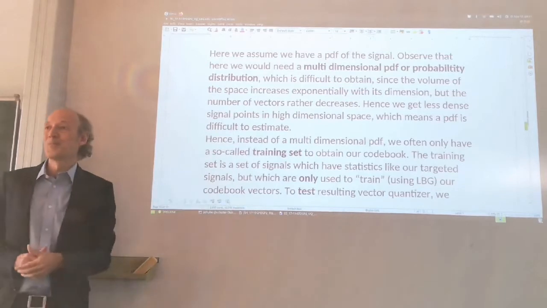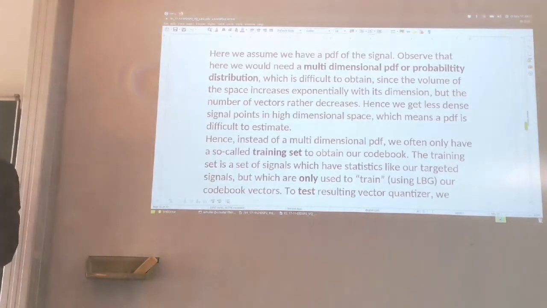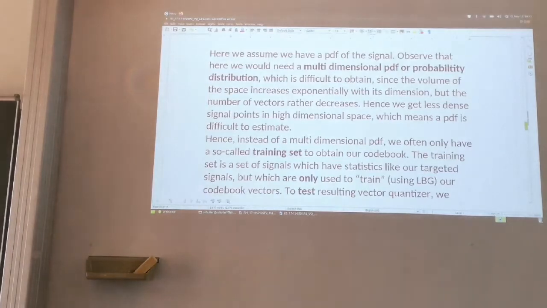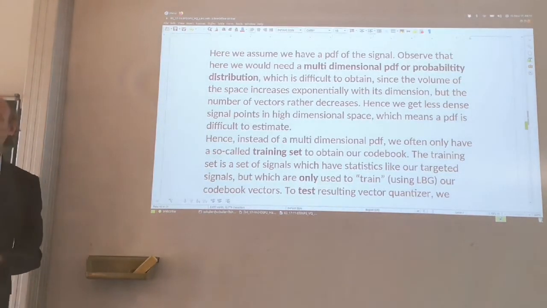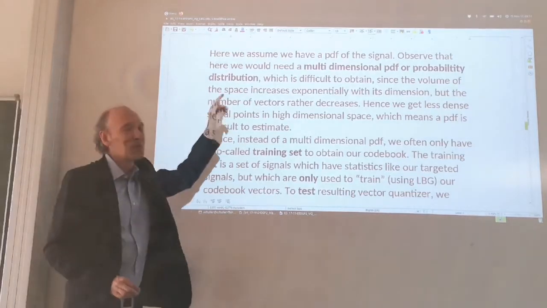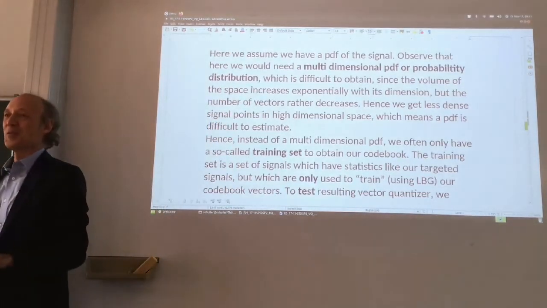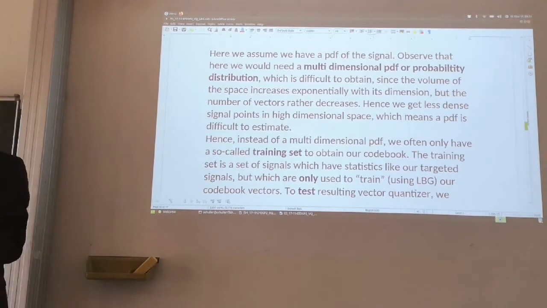You are talking about a training set. So in between, will we have some neural networks, for training and all? No neural network. The name is also used in neural networks, but here we are not talking about a neural network.